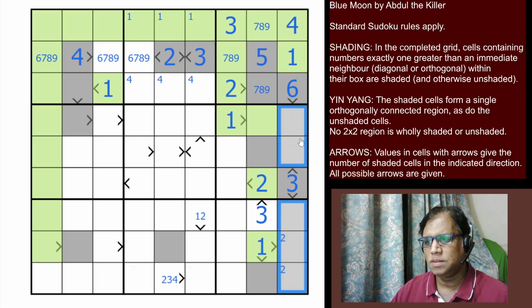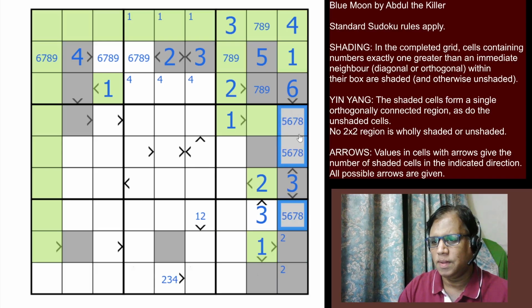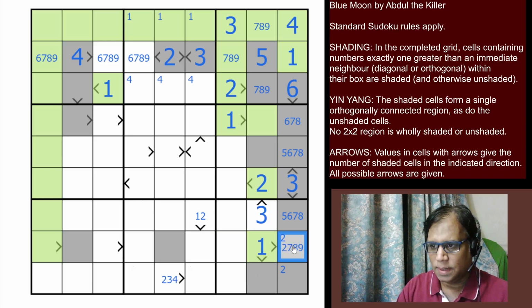What are these numbers? 1, 2, 3, 4, 5, 6, 7, 9, right? 1, 2, 3, 4, 5. So that cannot be 5. So there are 5 cells here, which is looking at it. And likewise, that cannot be 5. 1, 2, 3, 4, 5. That cannot be 5. So that 2, 7, 8, 9.